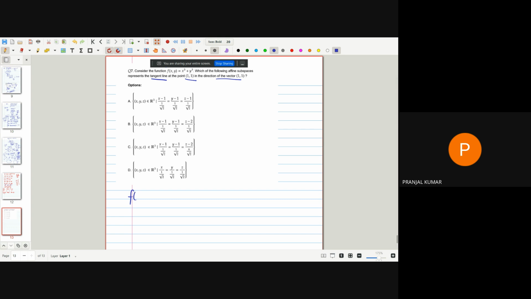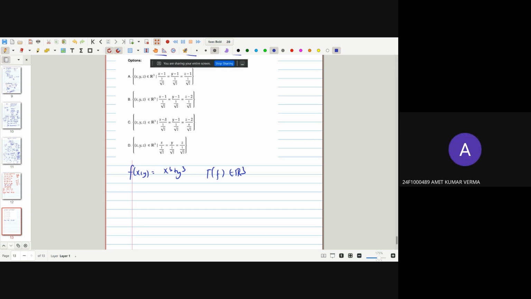Your f of x, y is equal to x cube plus y cube. So the graph of this function will lie in R3, yes or no?